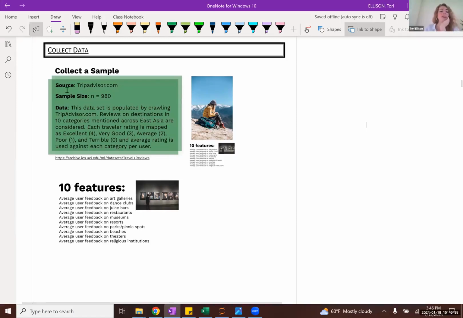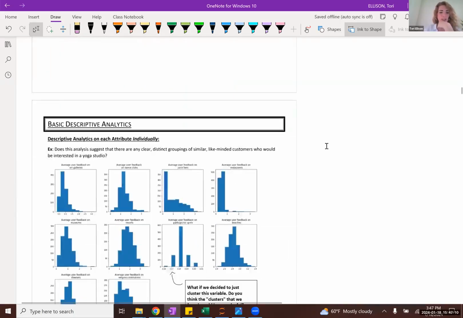It's basically a set of 980 people who have been to a variety of different types of travel destinations, like art galleries, dance clubs, and they each have given their own respective rating for each of those types of travel destinations. The person who created this data set essentially gave their average rating for each of these different types of travel destinations.